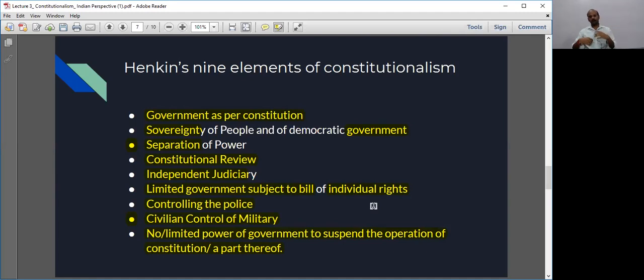And therefore, Henkin is suggesting that proper safety measures should be put in place so that no government gains the access or control to change the constitution itself or even to suspend it, right? So there should be minimum access to change the constitution. And to do this is to make the amendment process of the constitution quite tough, right?